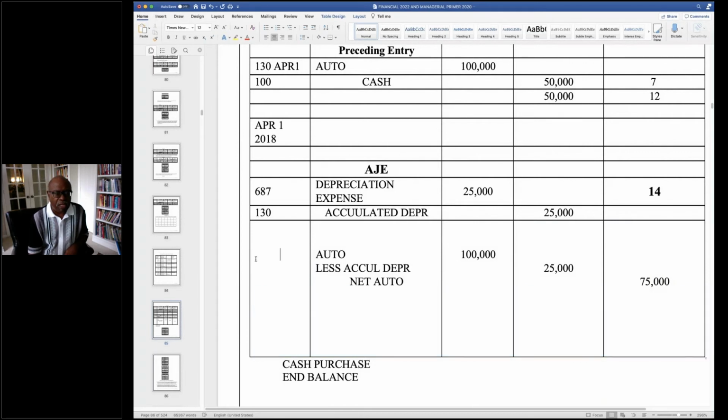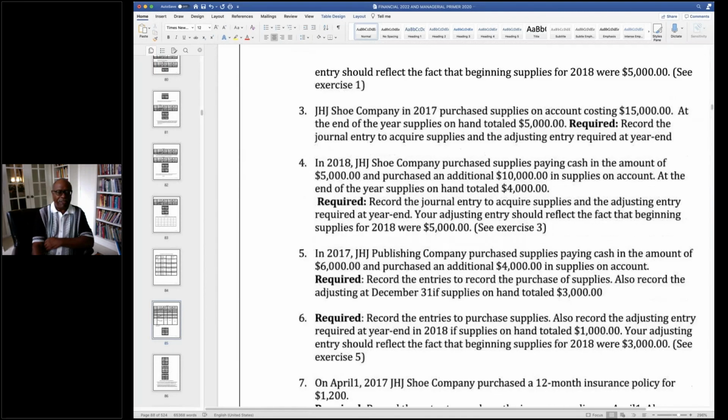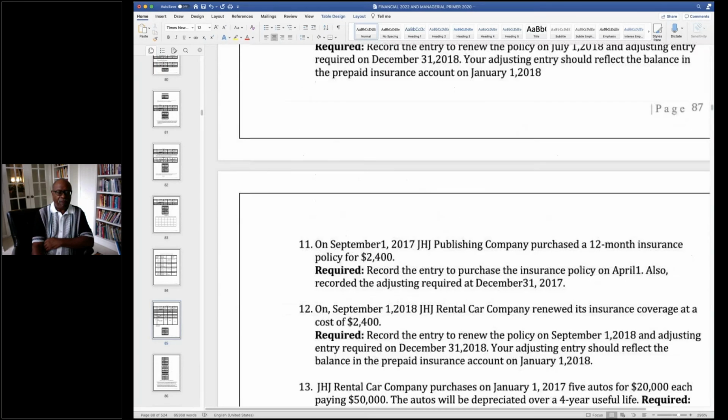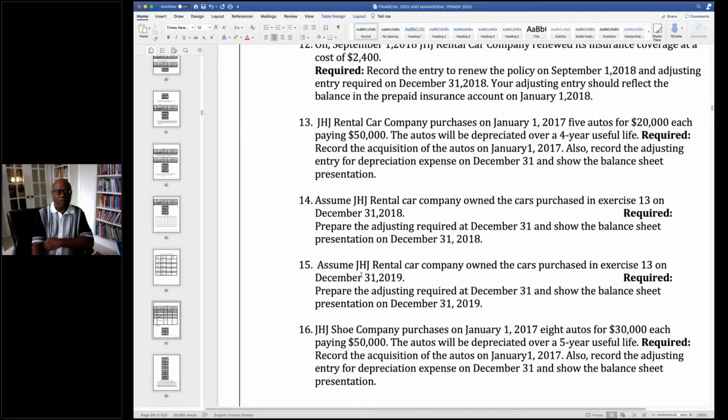So this is all in here. This is 2017. So what happened in 2018, Holman? JHA car rental owned the cars purchased.